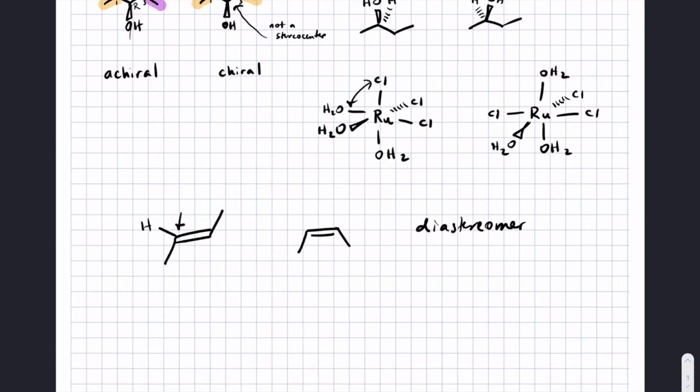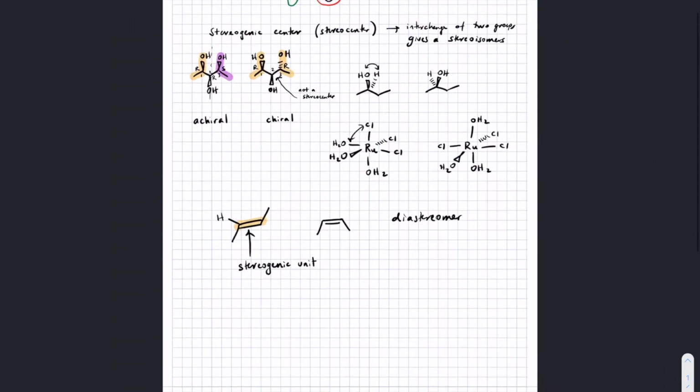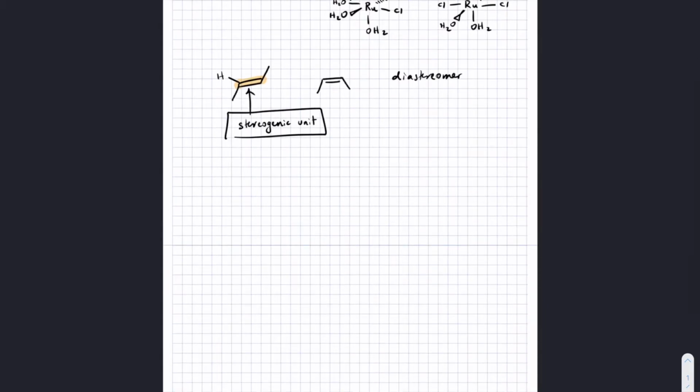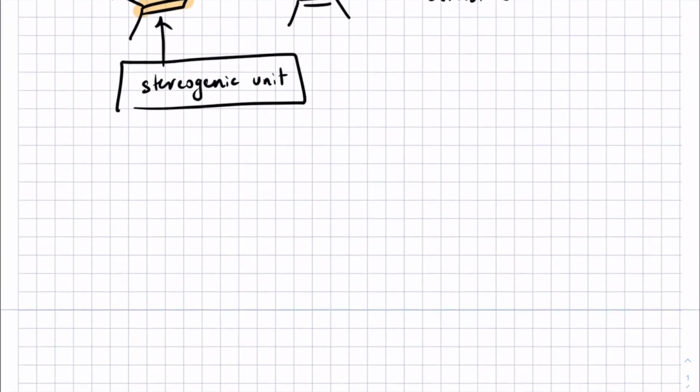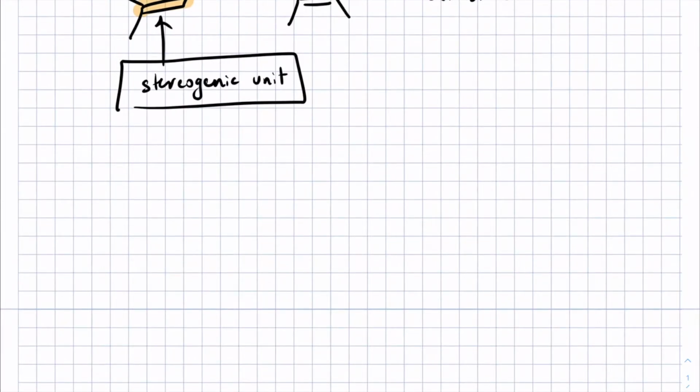Perhaps more appropriate is to say, hey, this is a stereogenic unit because interchanging two groups on either side will give you a stereoisomer. So other examples of stereogenic units include molecules that have no classically defined stereocenters but are nonetheless chiral.